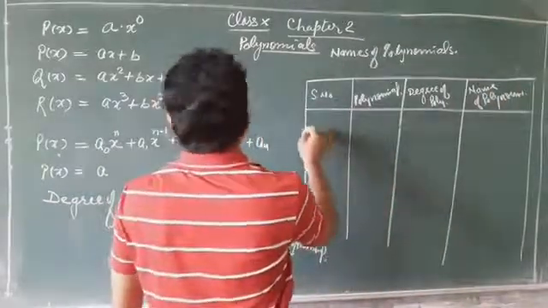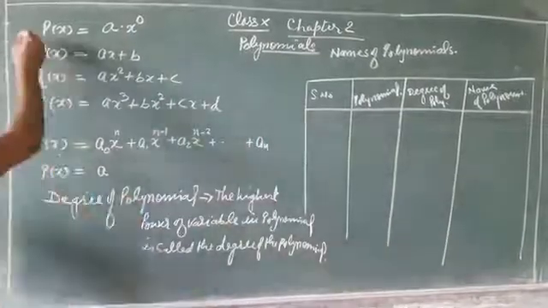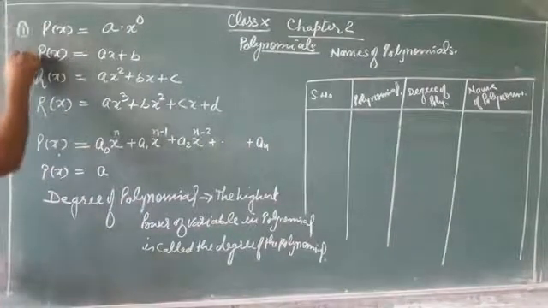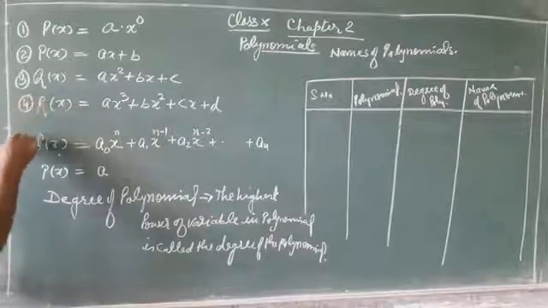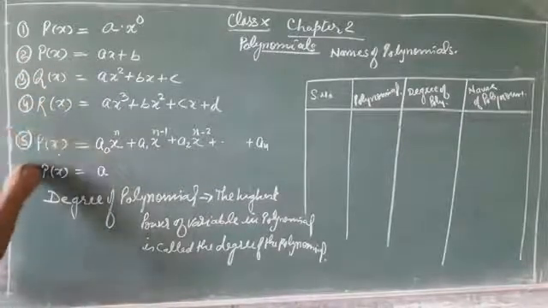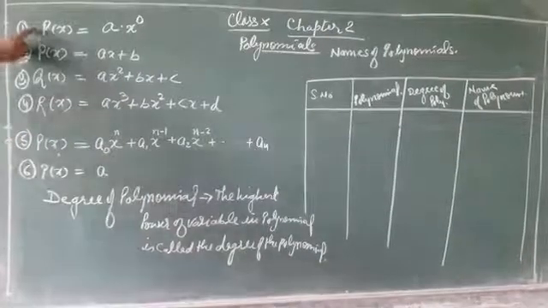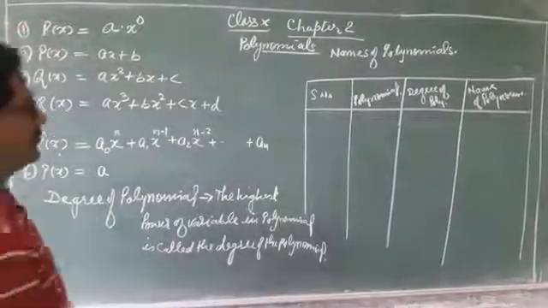So serial number 1, so we can write it 1, 2, 3, 4, 5, 6. 6 and 1 are same.